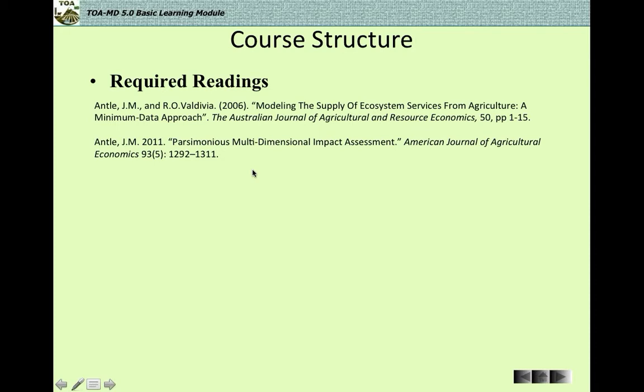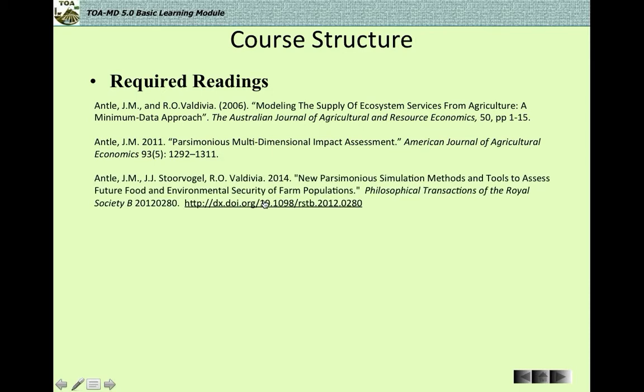And then there is a paper by John Antle, the Parsimonious Multidimensional Impact Assessment, which is the basis for the TOA MD model. These two papers are distributed with the model, so all of you who have downloaded the model already should have these two papers. There is a new third paper. It's called New Parsimonious Simulation Methods and Tools to Assess Future Food and Environmental Security of Farm Populations.